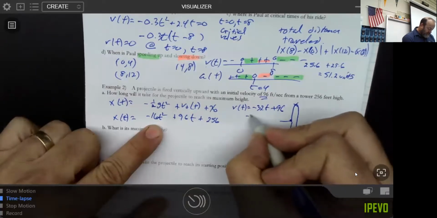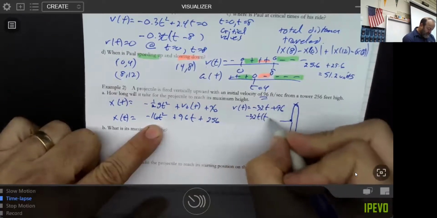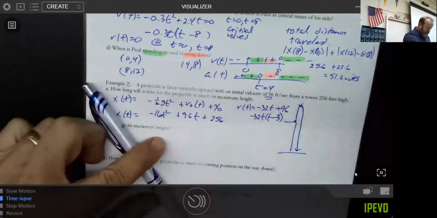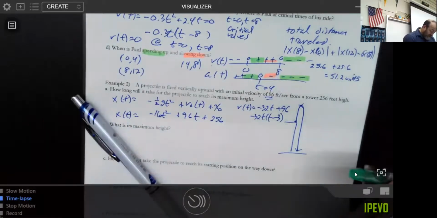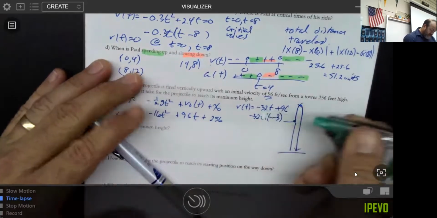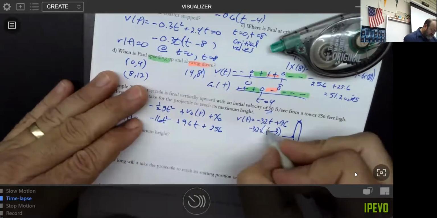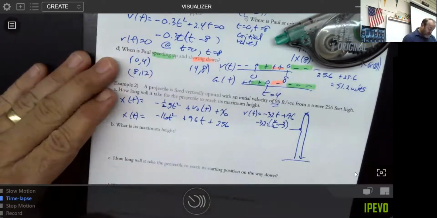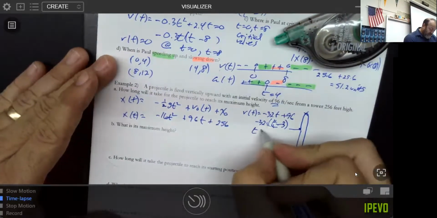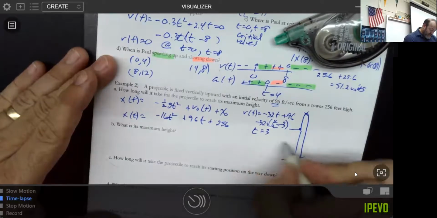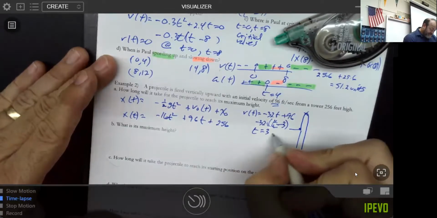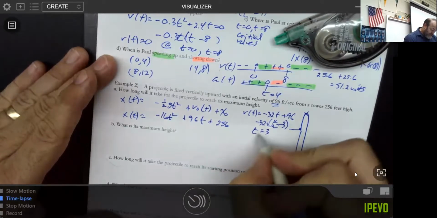You can see that this problem was obviously designed to be very, very gentle. If we factored out a negative 32 out of that thing, we would be left with negative 32 times t minus 3. And so we can see very quickly that the velocity was 0 at t equals 3. So t equals 3, v of t equals 0.